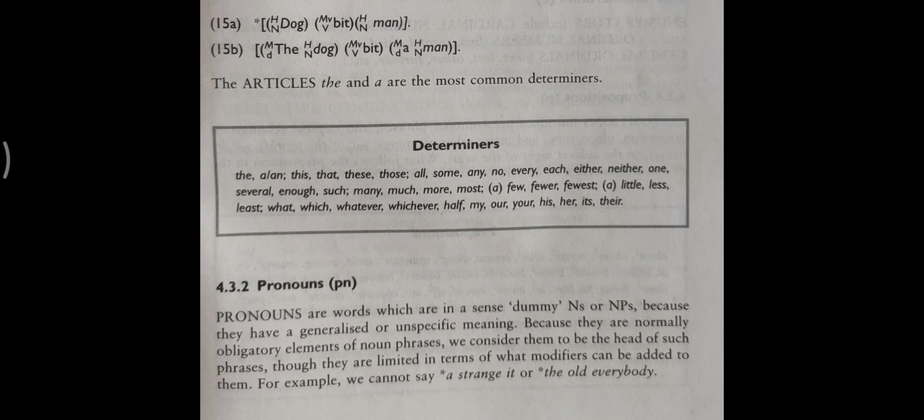So what are the determiners, or which are they? You may see here in the table: the, a, an, this, that, these, those, all, some, any, no, every, each, either, neither, one, several, enough, such, many, much, more, most, few, fewer, fewest, little, less, least.